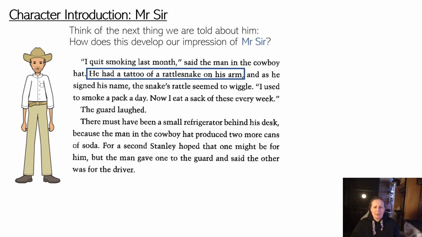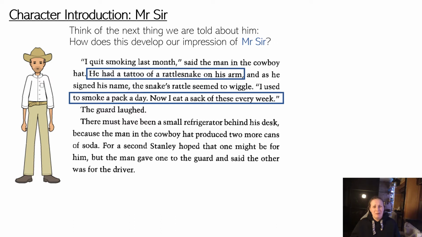Tattoo of a rattlesnake on his arm. I don't know many people who've got a tattoo of a rattlesnake. My husband's got a tattoo on his arm, but it's not a rattlesnake. What sort of impression does that make us think? Well, we'll have a think about that in a minute. Now, he used to smoke, but now he eats a sack of sunflower seeds. I feed my birds sunflower seeds.